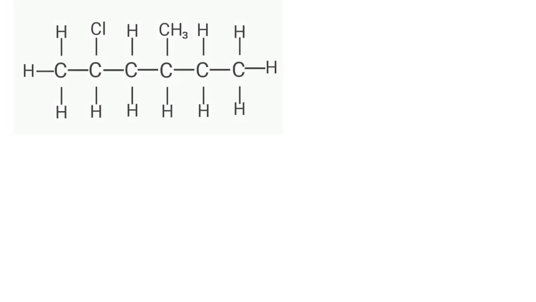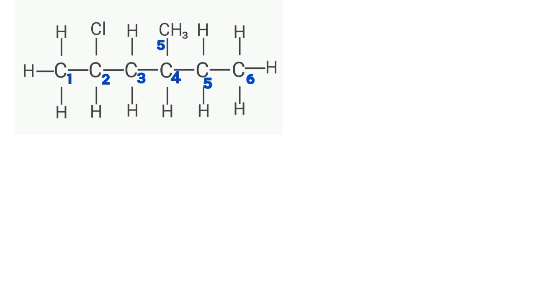So let's take this example. The first thing we need to do is to identify the longest continuous carbon chain. Here are ways we could have numbered this structure. We have 1, 2, 3, 4, 5. Then we have 1, 2, 3, 4, 5, 6.